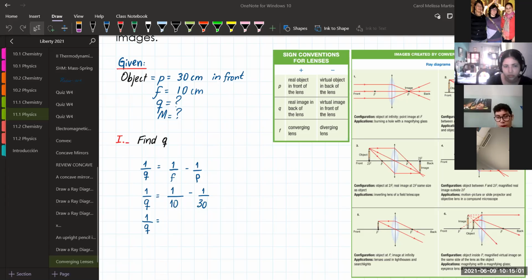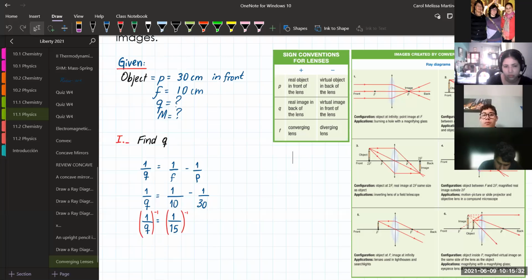The exact fraction is 1 over 15. So now we apply the reciprocal function, and we say that Q therefore is equal to 15 centimeters.